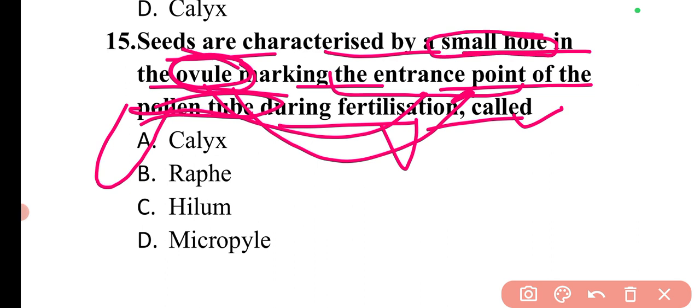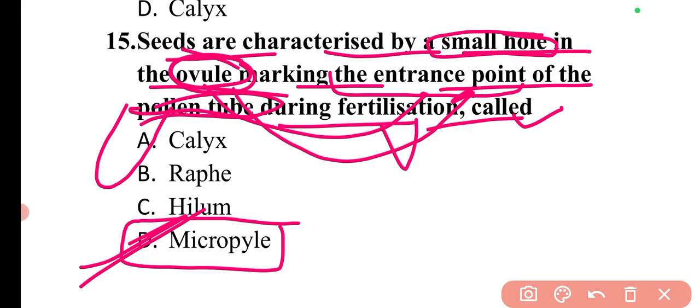That is present in the seeds, and this point is known as the micropyle. So here option D will be the correct answer.